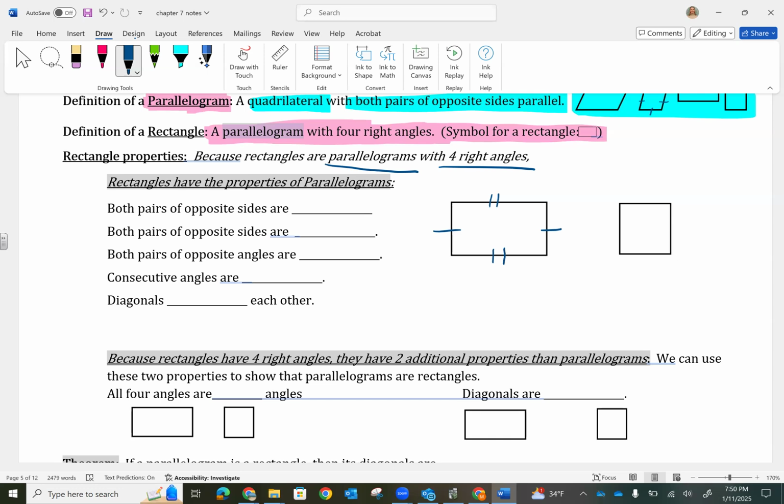Both pairs of opposite sides are congruent, and opposite sides will also be parallel. Like this side is parallel to that one, and this top is parallel to the bottom. That's still true because that's what happens with rectangles and with parallelograms.